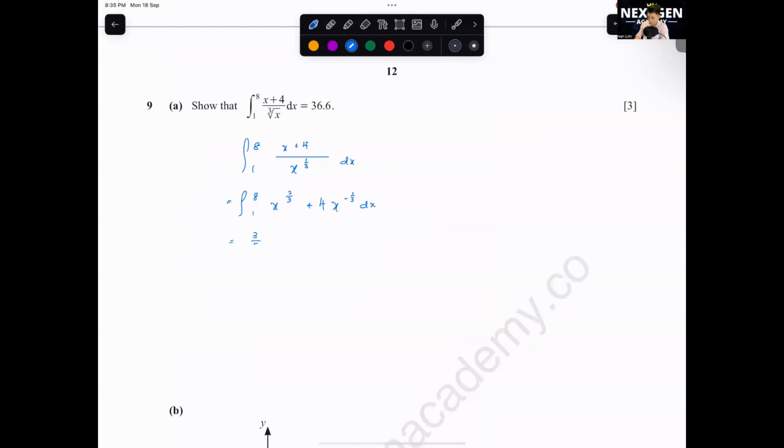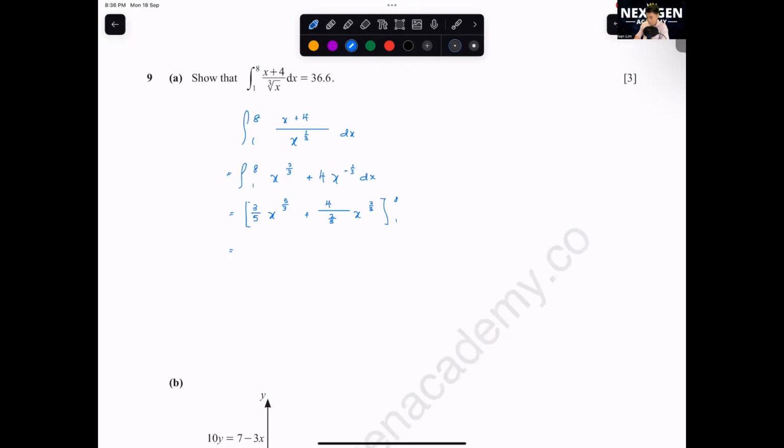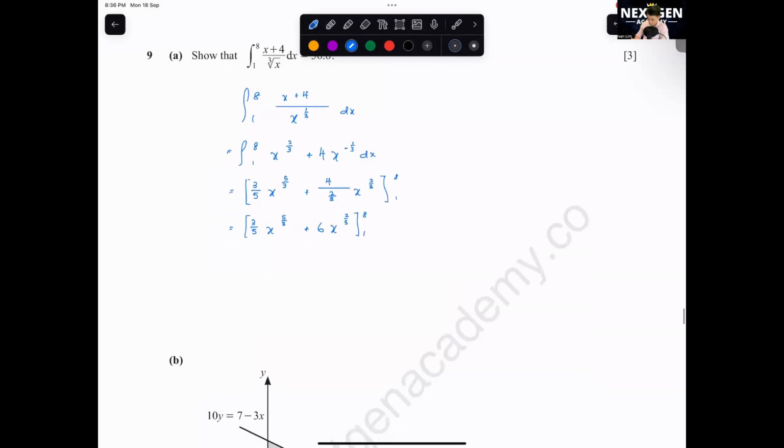Here you get 3 over 5 x to the power of 5 over 3 plus 4 over 2 over 3 x to the power of 2 over 3, from 1 to 8. That is 3 over 5 x to the power of 5 over 3 plus 6 x to the power of 2 over 3, from 1 to 8.